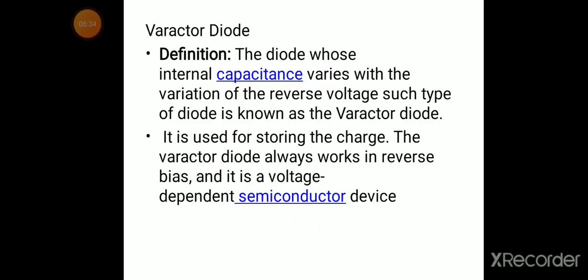Varactor diode: the diode whose internal capacitance varies with the variation of the reverse voltage is known as the varactor diode.